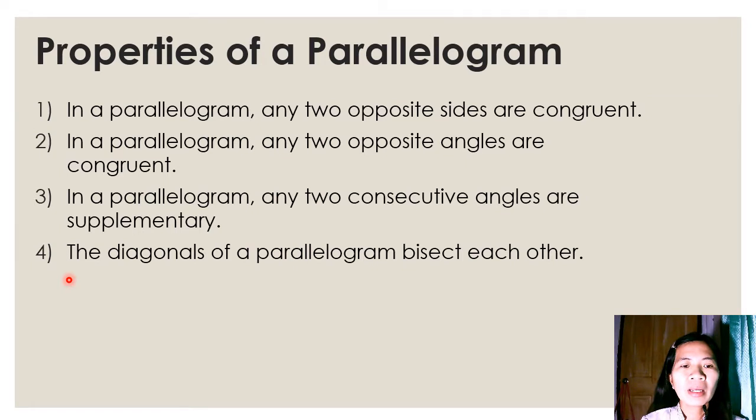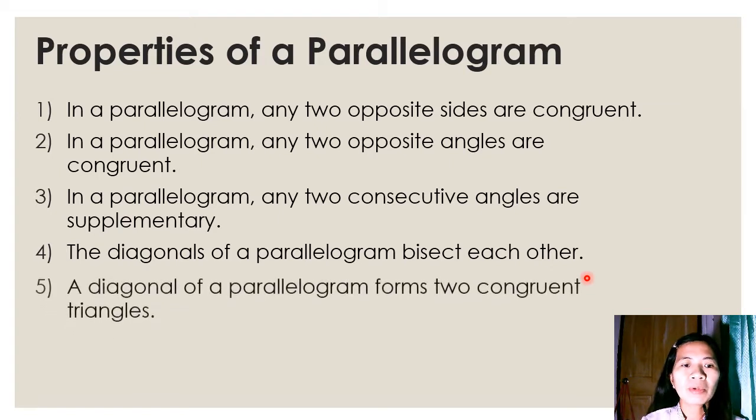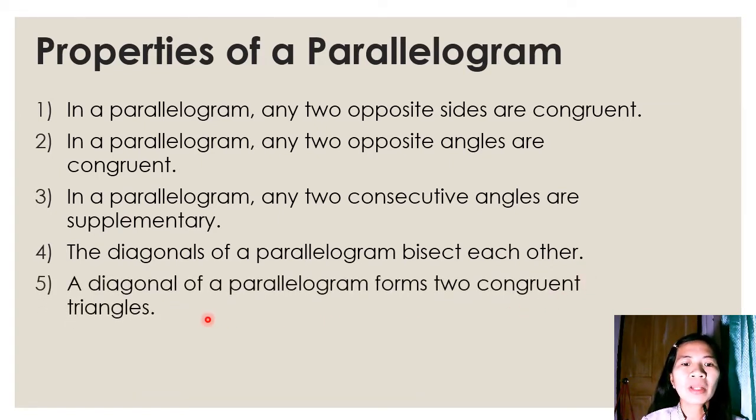Number four, the diagonals of a parallelogram bisect each other. And number five, a diagonal of a parallelogram forms two congruent triangles. These are the properties that we are going to use to solve problems involving parallelograms.